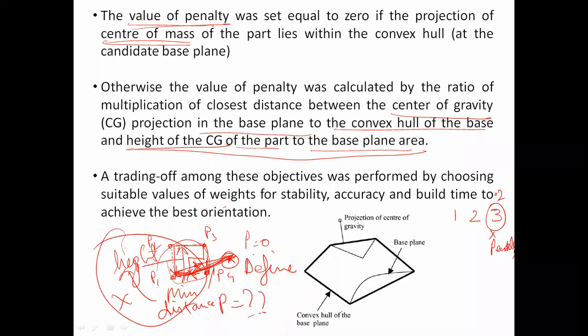You multiply the penalty function. Now, a trade-off among the objectives was performed by choosing suitable values of weights for stability, accuracy, and build time to achieve the best orientation.